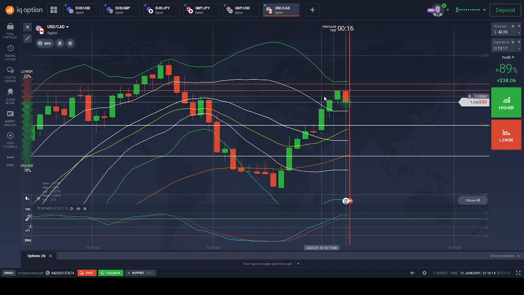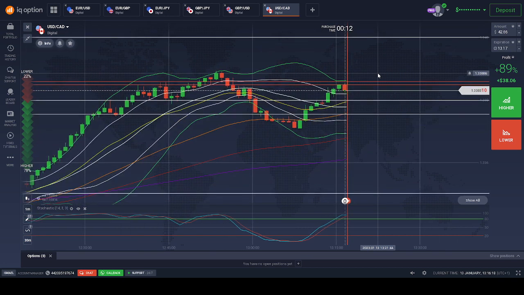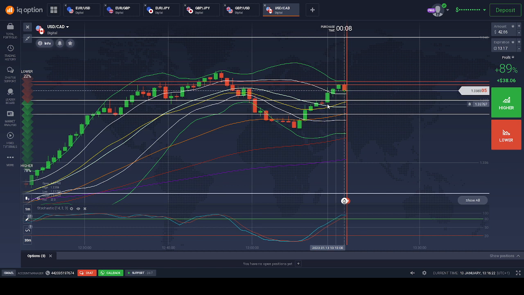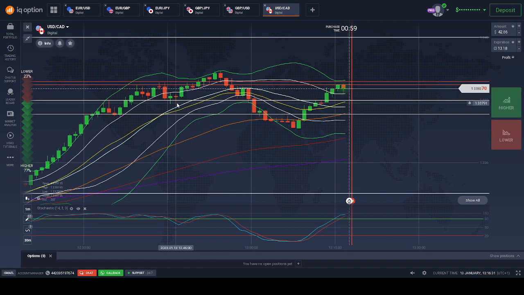With all due respect, this is also three white soldiers after this small retracement, which will be respected. But this is a support level.